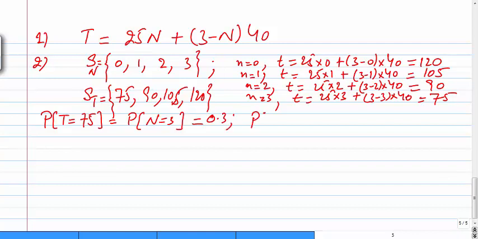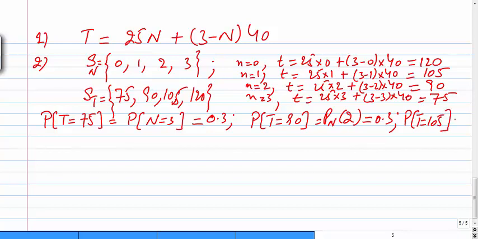Similarly, when probability capital T is equal to 90, let me rewrite here, I can write in PMF, so N of 2 is again 0.3. Similarly, probability when capital T is equal to 105, it is also 0.3.